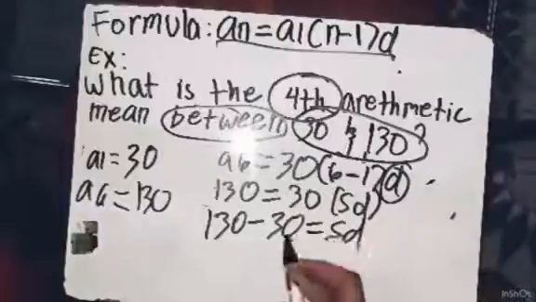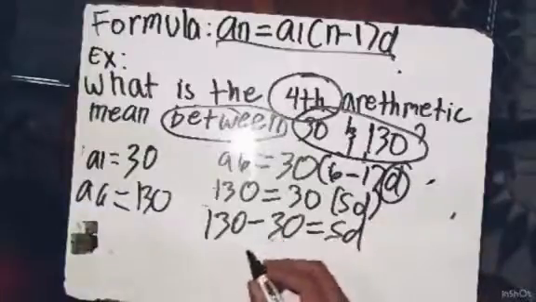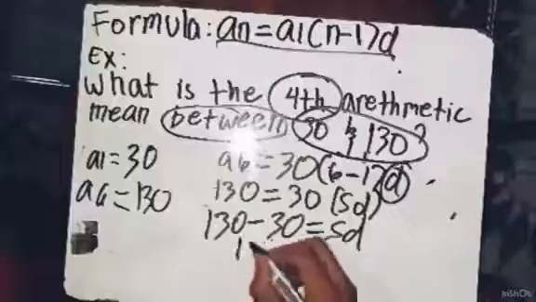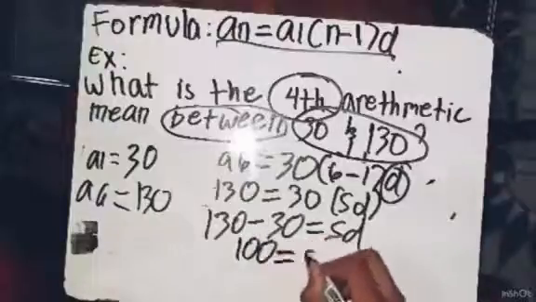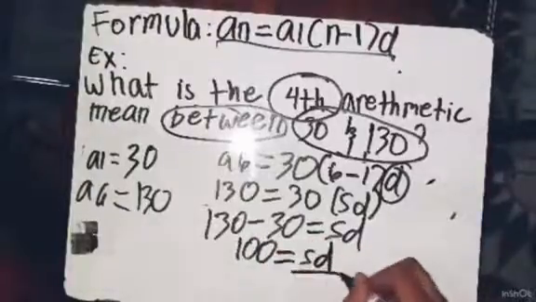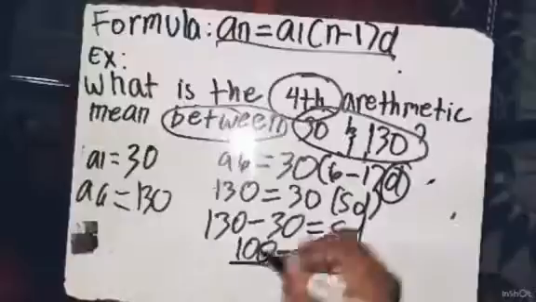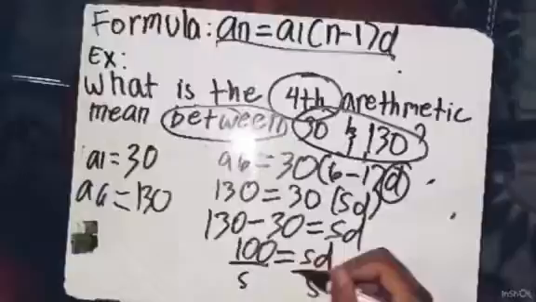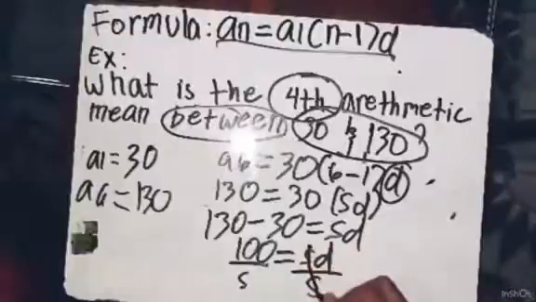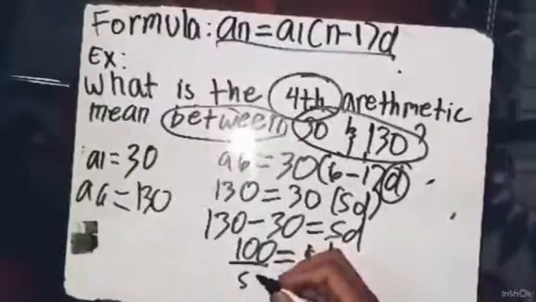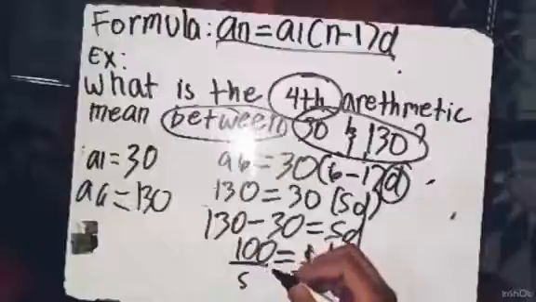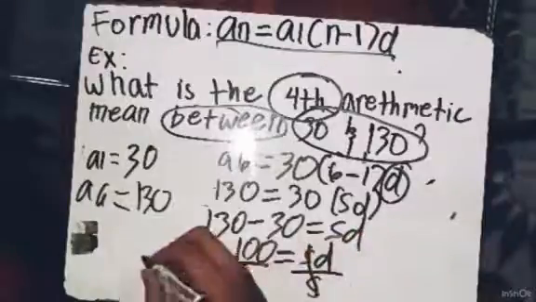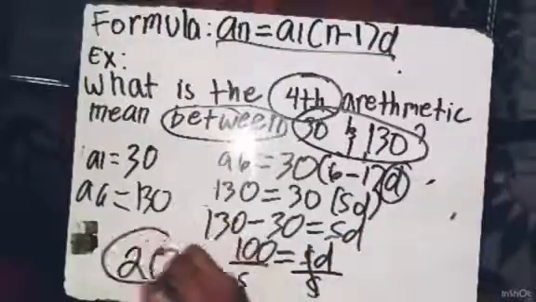So now, let's just solve this. 130 minus 30, it will be 100 equals 5d. And now, we're just going to divide 100 by 5. So, it will be cancelled. So, 5 divided by 5, 100 divided by 5, and the answer will be 20.